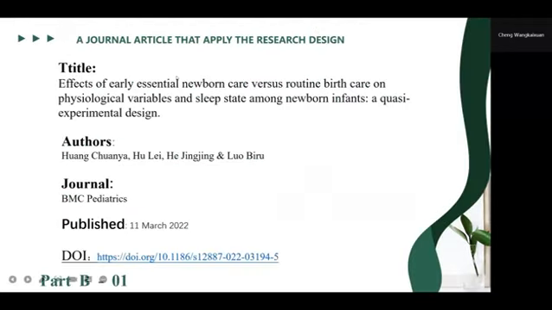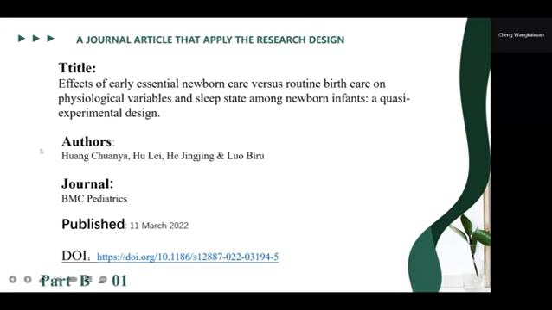So the journal's title is Effects of Early Essential Newborn Care versus Routine Birth Care on Psychological Variables and Sleep State among Newborn Infants: A Quasi-experimental design.